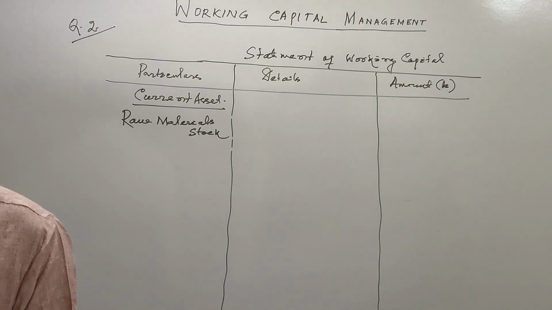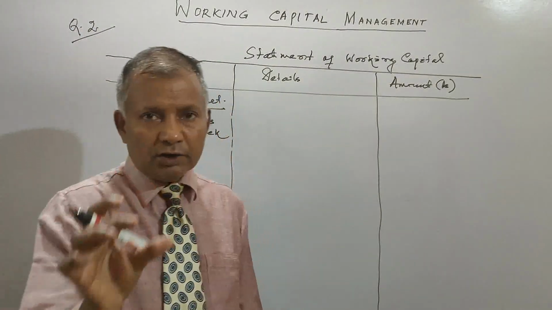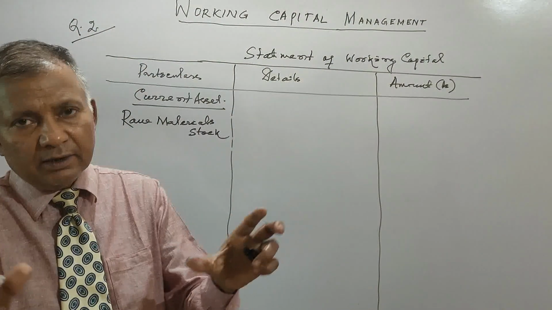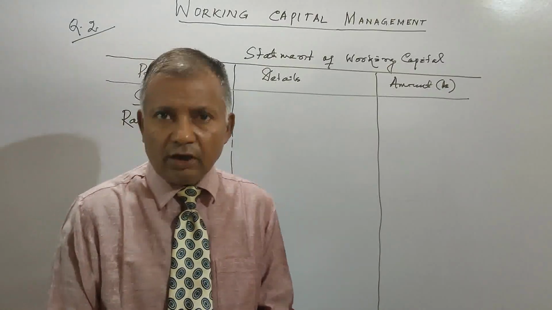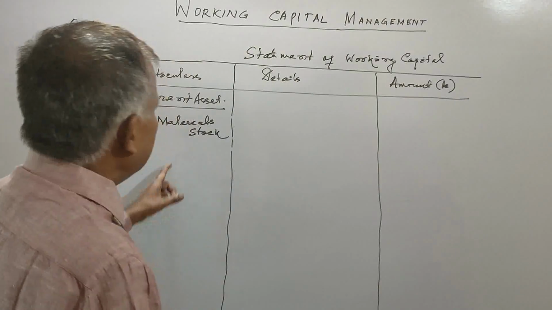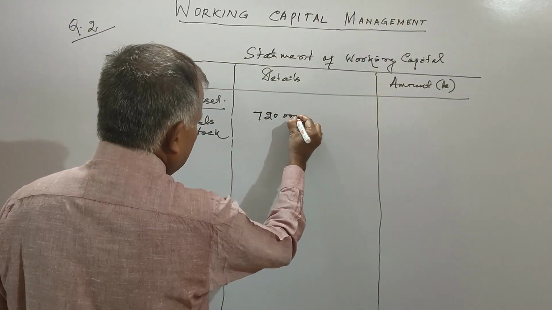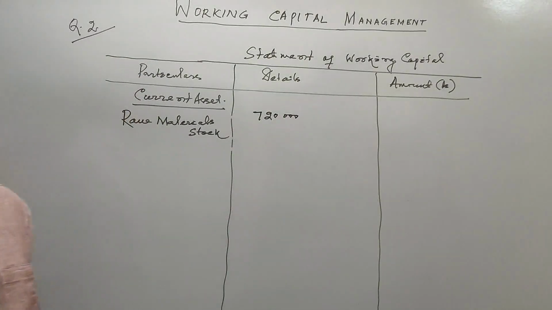Raw material has been given as 2 months stock. For 2 months, the raw material is necessary as stock, which is given in the question. And raw material consumption for the total year is 7,20,000.